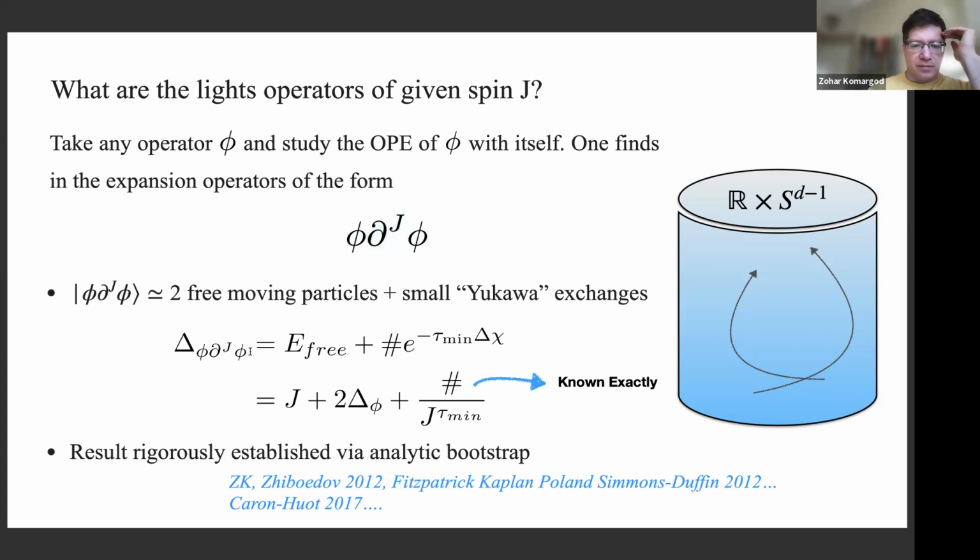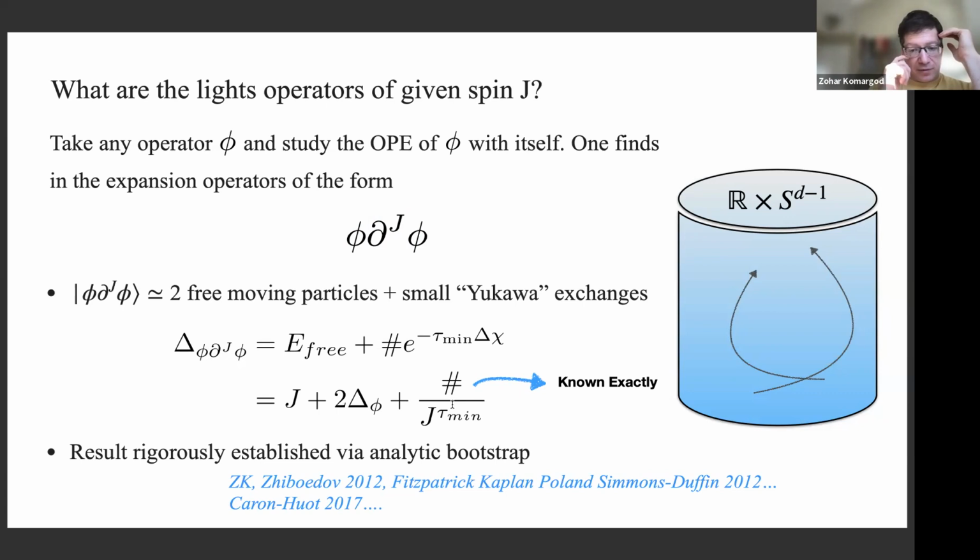So here's the formula. The scaling dimension of this particular phi ∂^J phi operator with many derivatives is linear in J with coefficient exactly 1, because you have J derivatives here. Then you have 2 times the dimension of this phi. These little phi's I'll sometimes refer to as partons. So 2 times delta phi. And then there are corrections because it's not exactly free.